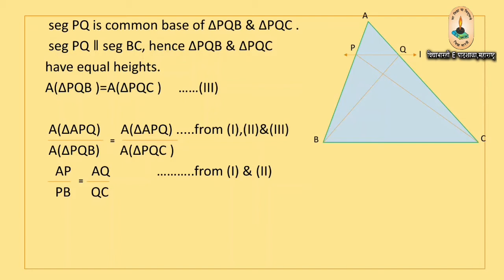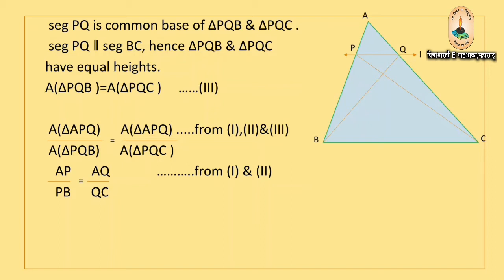Thus triangle PQB and triangle PQC have the same height and same base, and therefore their area is the same. Area of triangle PQB equal to area of triangle PQC. Number this as 3.